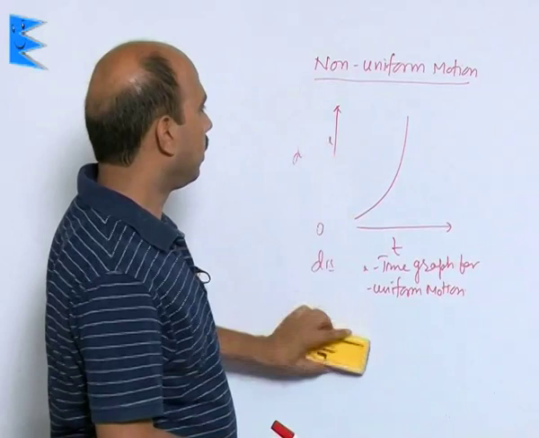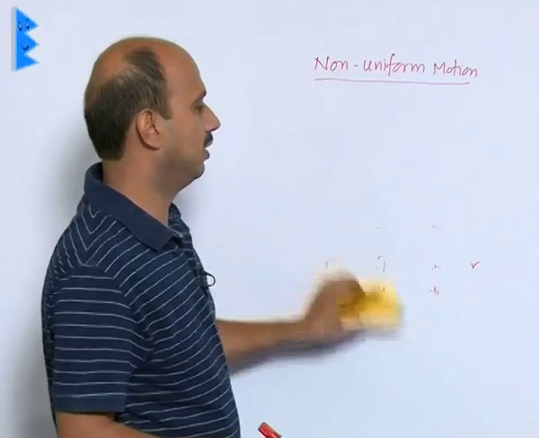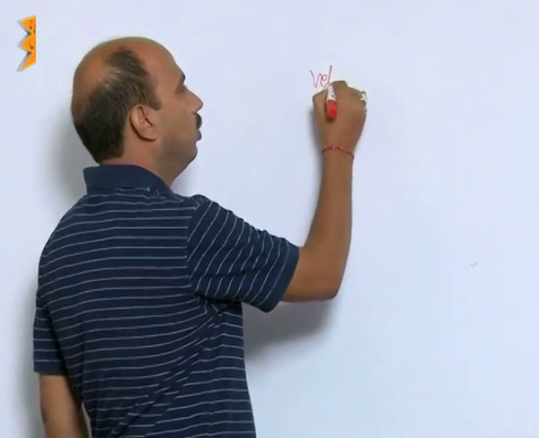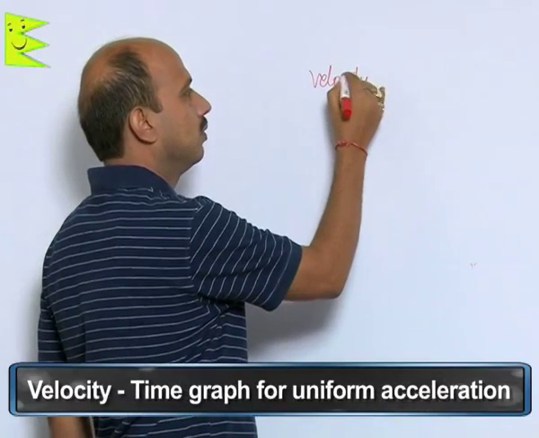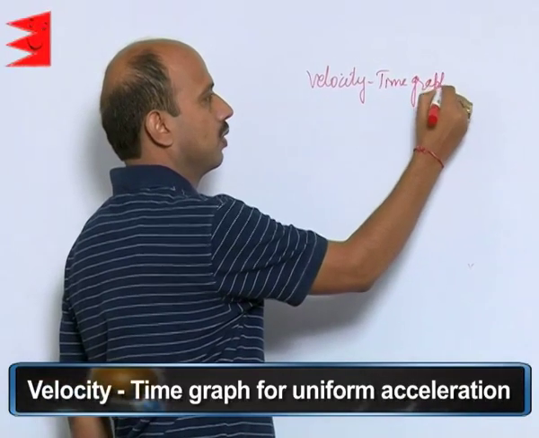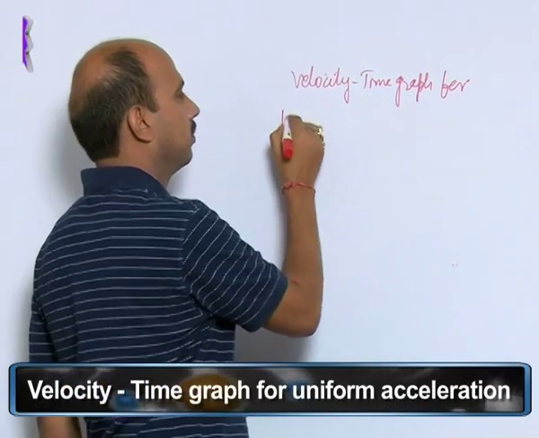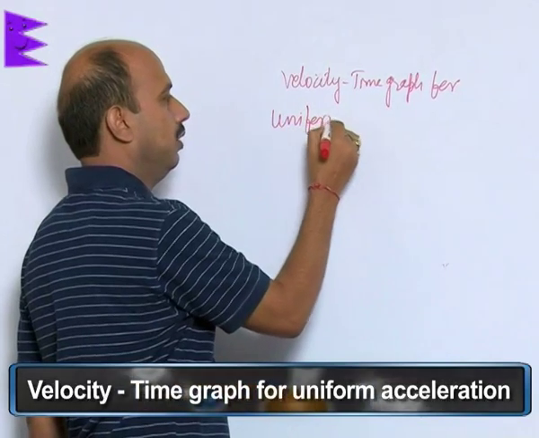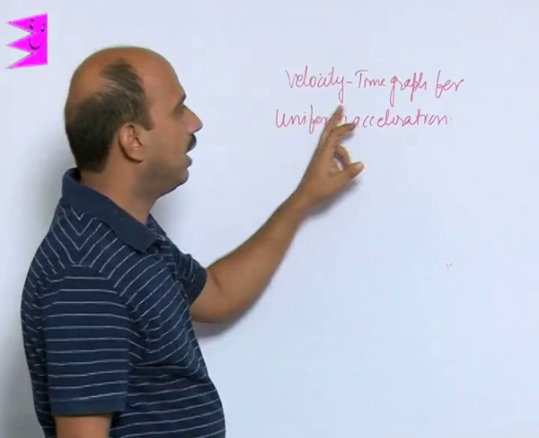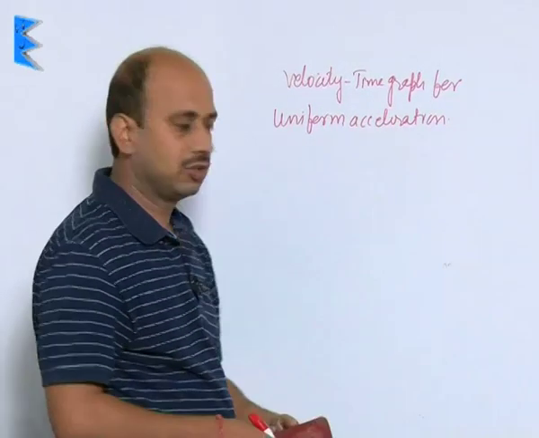So, now we will take uniform acceleration. Velocity time graph for uniform acceleration.